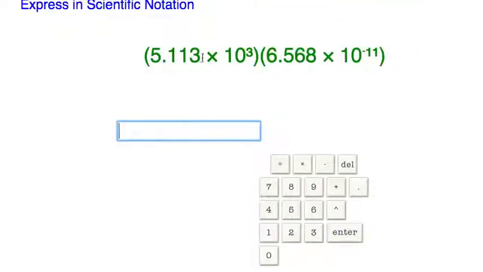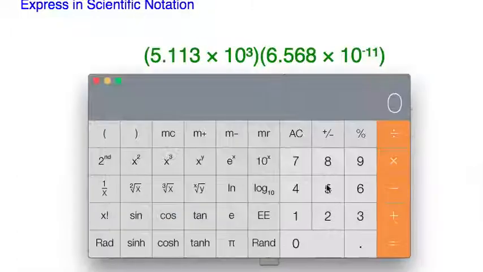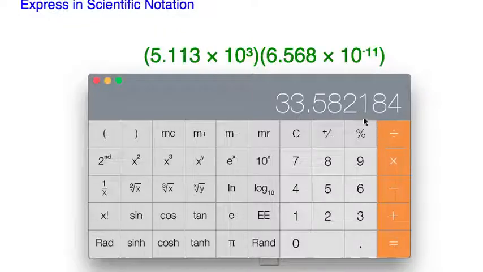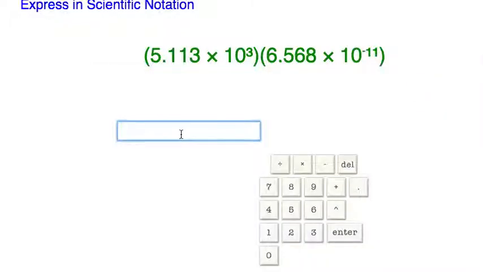Okay, let's try that again. So I'm going to multiply those two numbers together. 5.113 times 6.568 equals 33.582184. Okay, so remember I moved the decimal point one step over to the right, so I'm going to add 1 to whatever my exponent is.